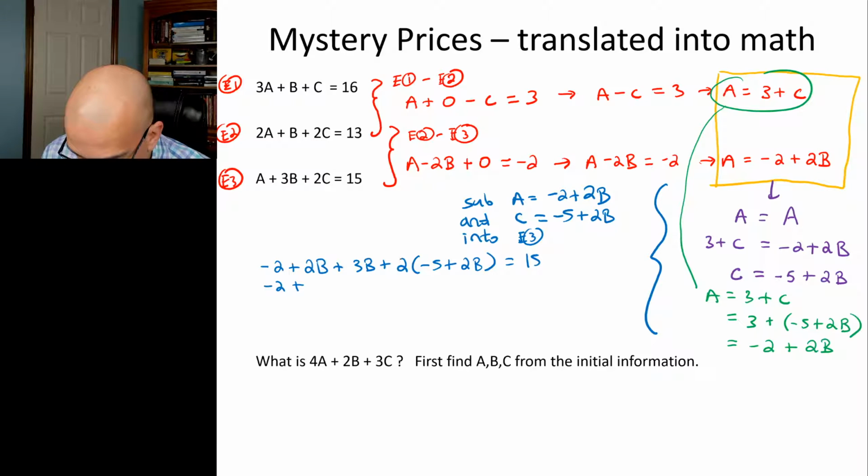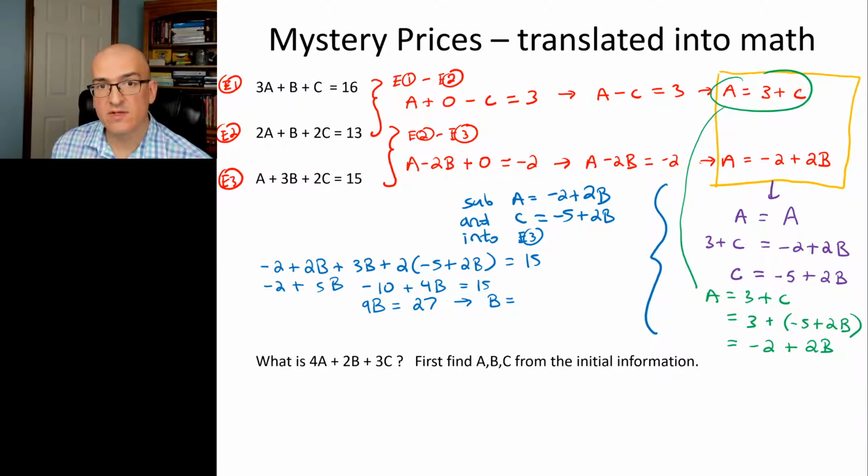So 5b minus 10 plus 4b is equal to 15. Keep collecting like terms. So we have negative 2, negative 10, so negative 12. Add that to both sides, so 27. 9b equals 27. And then that means that b is equal to 27 divided by 9, which is 3.